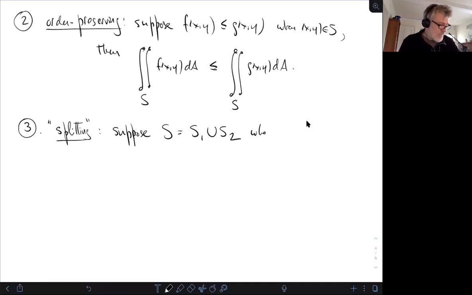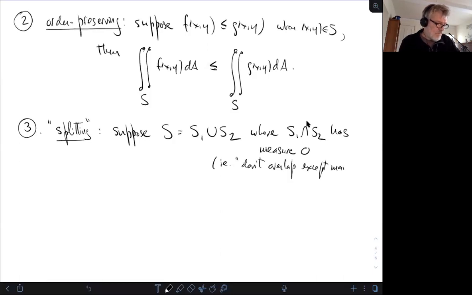So they might overlap, but only, let's say in a curve, in something of measure 0, okay, where their intersection has measure 0. Okay, so in other words, we don't overlap except maybe on a curve.